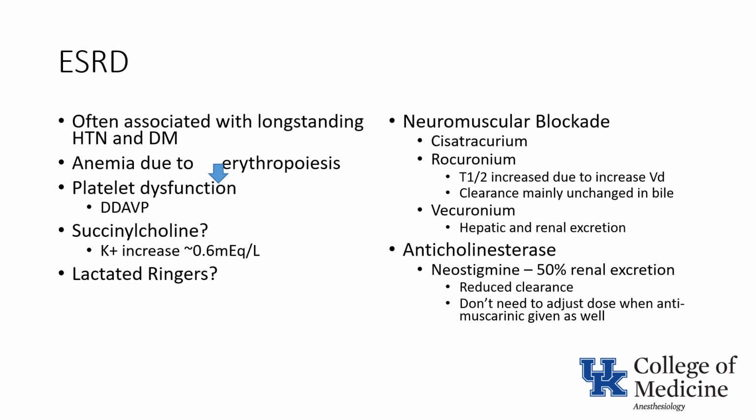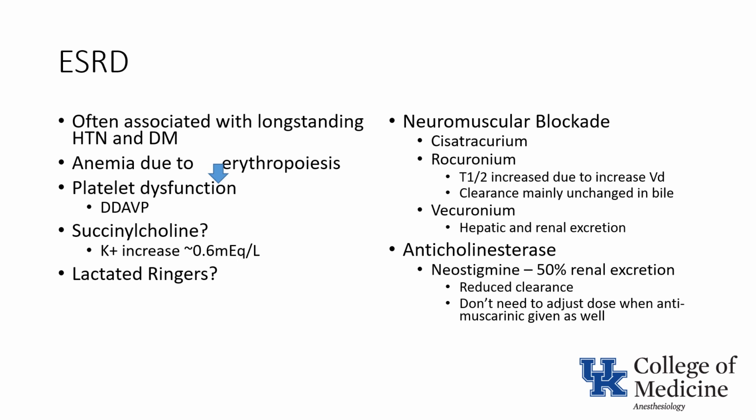Roc is cleared mainly unchanged in your bile, but will get renally excreted a little bit. And so it's probably okay for single doses and even repeated doses, but you just don't want to have repeated large doses or long infusions of Roc and Vec, because then that might lead to increased time of paralytic function, right? But single doses, couple doses is probably okay.